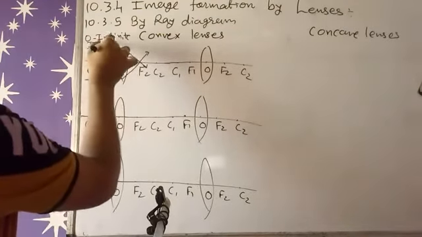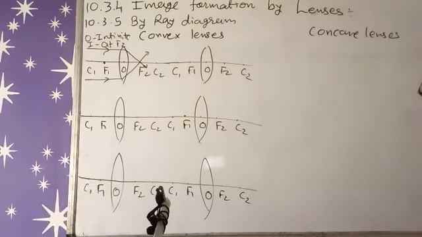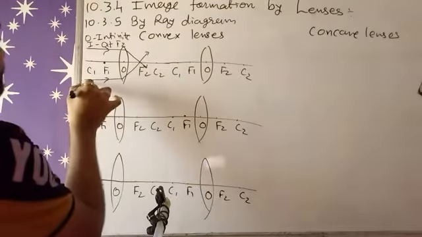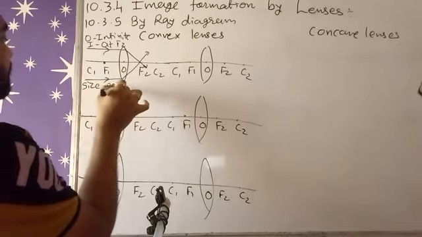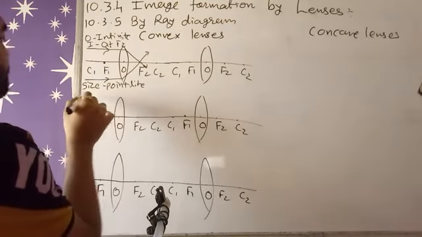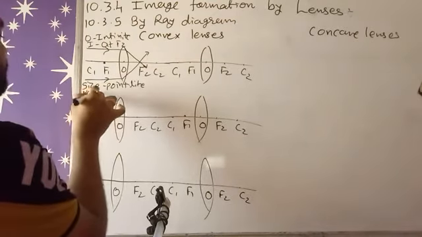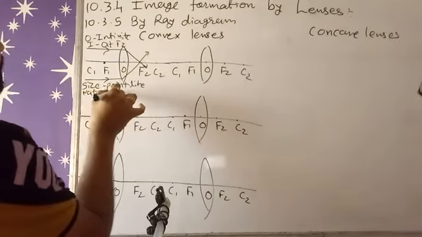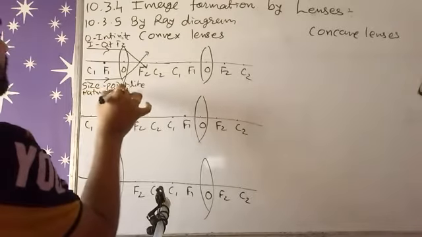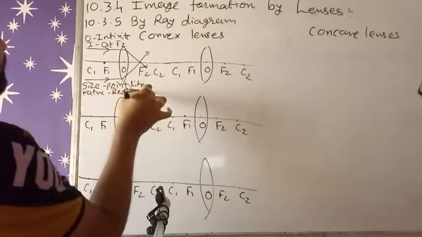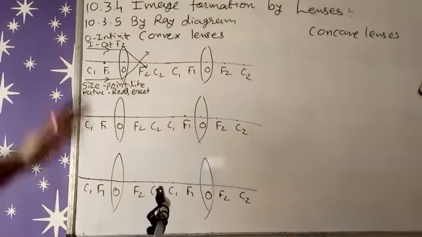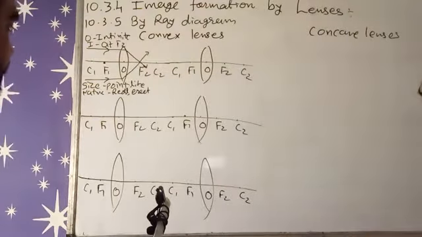We get the image at F2. The size of the image is point-like. Nature is real, erect, upright, right?